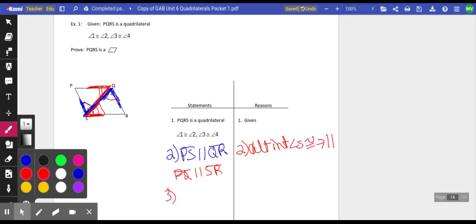And then knowing that's parallel lines, I can say PQRS is a parallelogram because I have two pairs of opposite parallel sides.